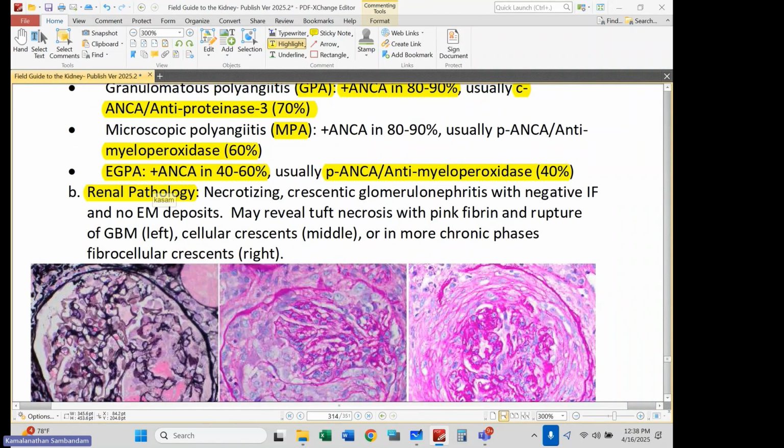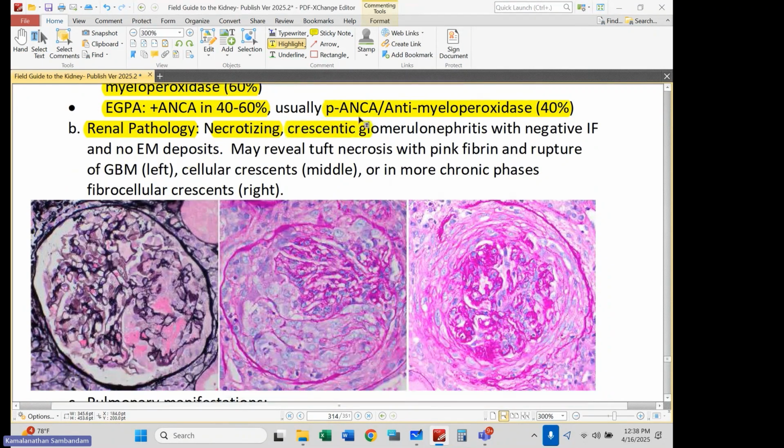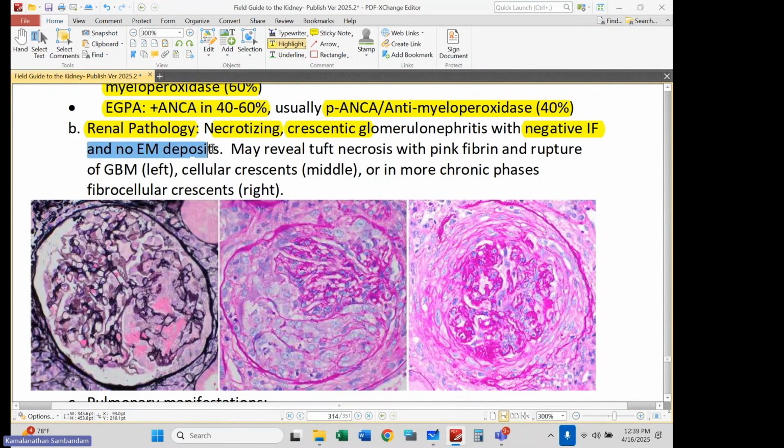What does the pathology look like? Well, we see varying degrees of necrosis, but we usually see crescents on kidney biopsy, okay? And once again, immunofluorescence and EM are negative. So here are some examples of how these may manifest. In this left panel, you can see areas of necrosis.